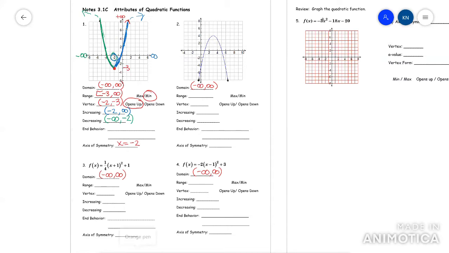Lastly is end behavior. In end behavior, basically, you're just going to want to look at the arrows at the top or the bottom of these lines. So like this one has arrows going up and up. So here's how you do end behavior. You say as x goes to -infinity. That's like if you hop on the line at any spot and start going backwards, start going to the left.